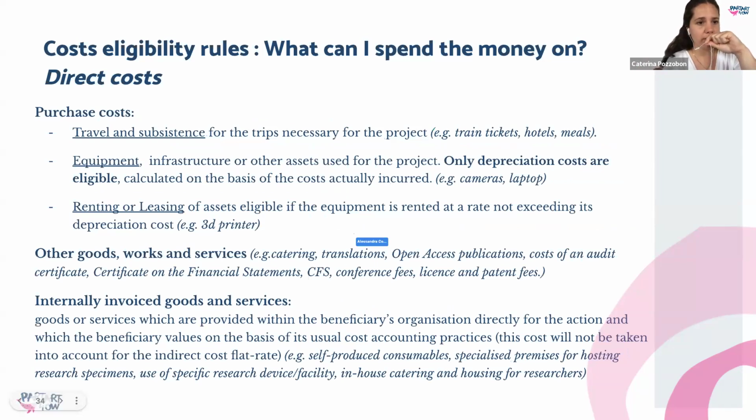Then we have the purchase costs. Here it's important to remember that while the expenses for travel and subsistence can be completely covered with the project's funds, equipment and renting can be funded only following their depreciation costs.